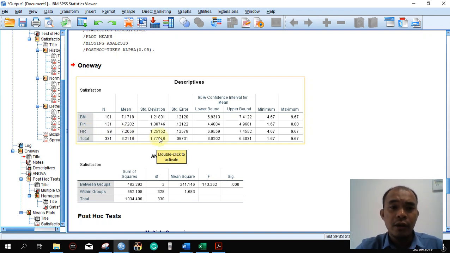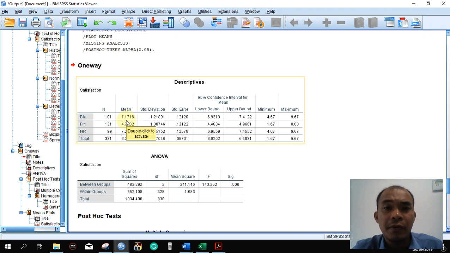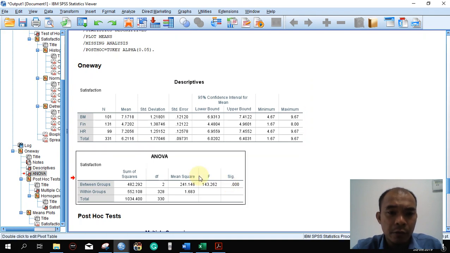And then the question now is, is there a significant difference? Does any of these means significantly differ from each other? If you look at the ANOVA here, this is the result of our ANOVA.